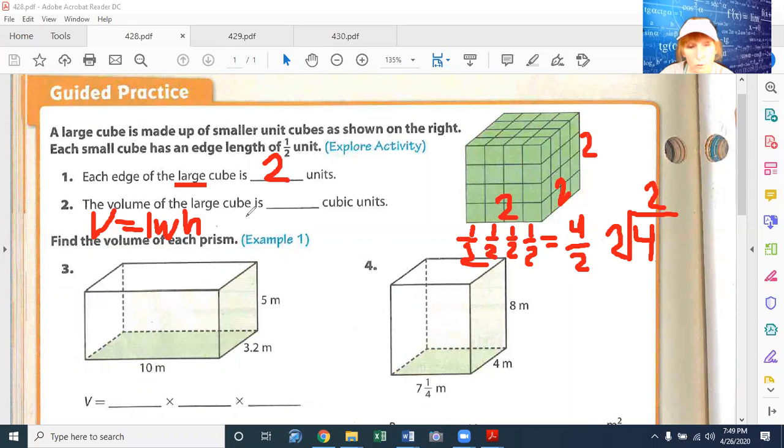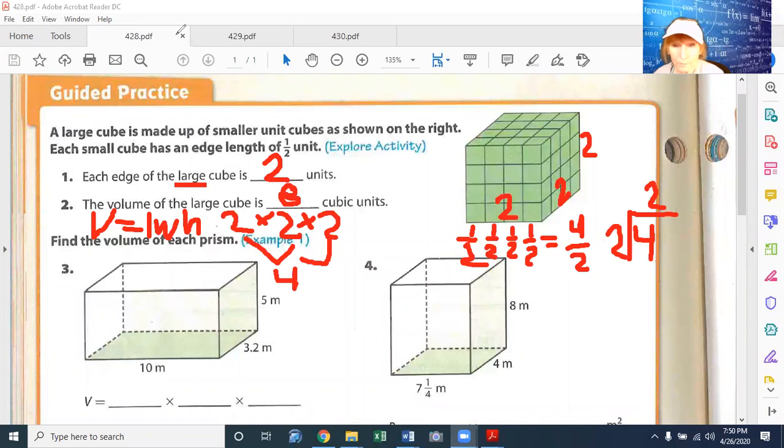So it's going to be 2 times 2 times 2. 2 times 2 is 4. And then we have to times that by the other 2. 4 times 2 is 8. So the answer is 8 cubic units.